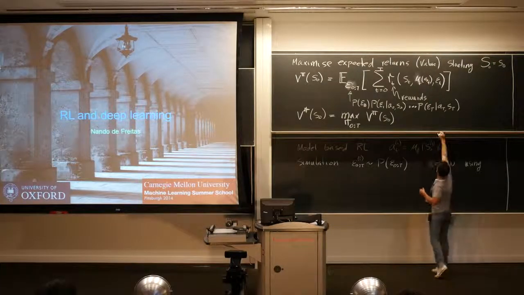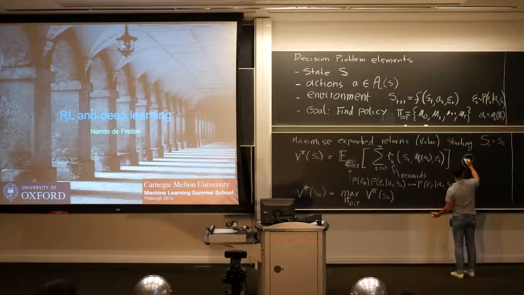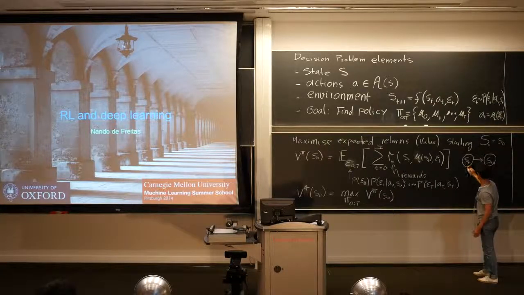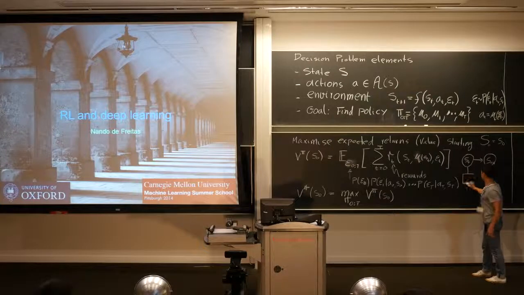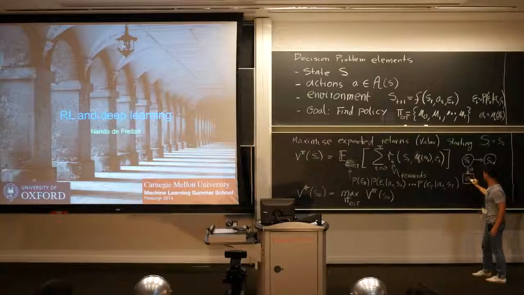Probably I should draw the graph here. So the type of graph I have is one where I'm transitioning like this, where I have a state variable that transitions to another state variable. I have a deterministic policy parameterized by a parameter theta that gives me the action.